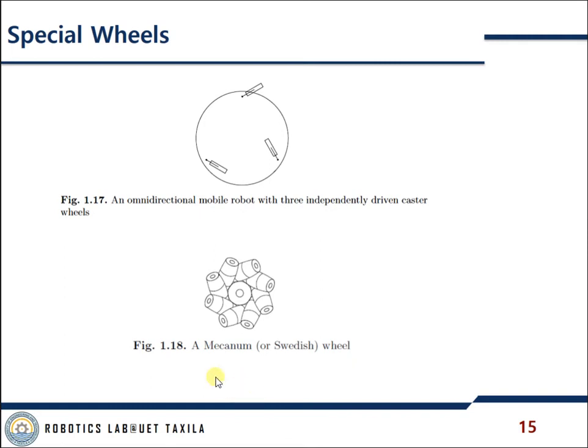Then we have the Mecanum or Swedish wheel. This is a grown-up version of the omnidirectional mobile robot wheels, the caster wheels.